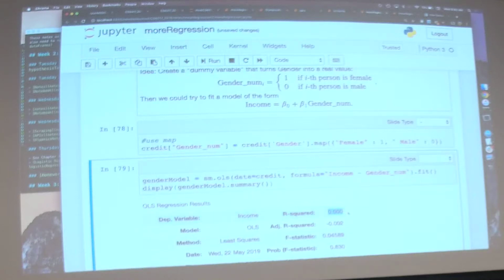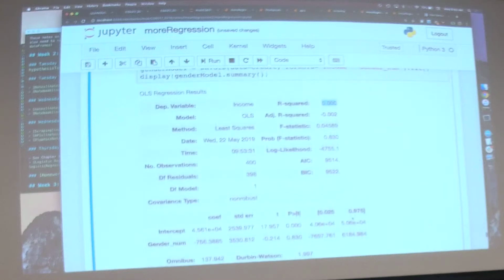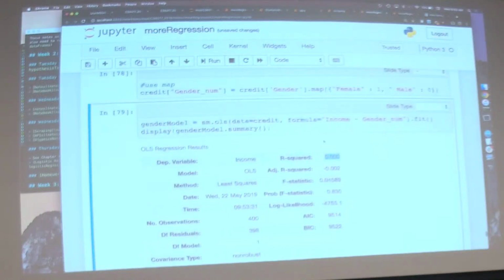We have an R² value of 0, so it looks like gender is not a good predictor of income, for this data set at least.